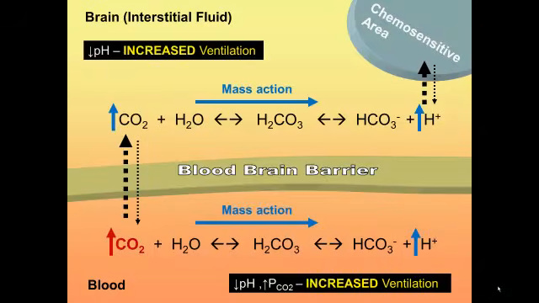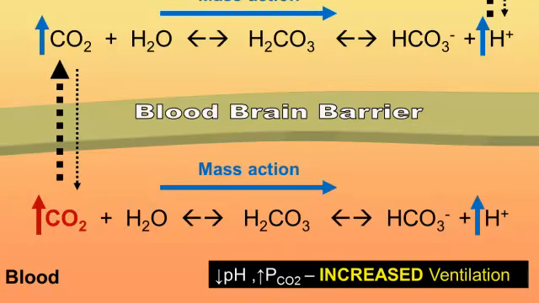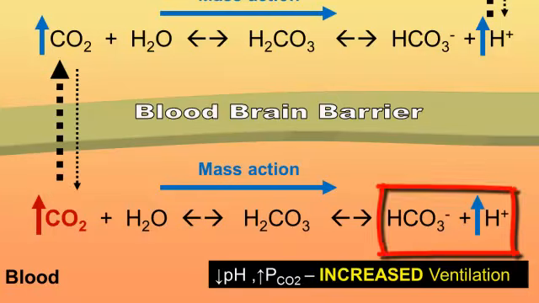In a situation where carbon dioxide levels increase, perhaps due to a decrease in ventilation, like breath holding, or increased CO2 production, this is going to lead to several effects, all of which are going to promote ventilation. First, from the blood side, the increase in the partial pressure of carbon dioxide is going to cause a rightward shift by the law of mass action to promote an increase in the production of both bicarbonate and protons.